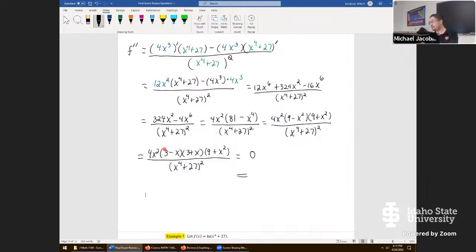So this will imply 4x squared is 0, or 3 minus x is 0, or 3 plus x is 0, but not this one. This one set equal to 0 has no solution that's a real number, so it's just down to these 3 equations. So this implies x equals 0.